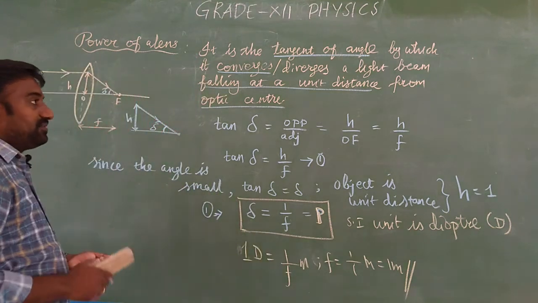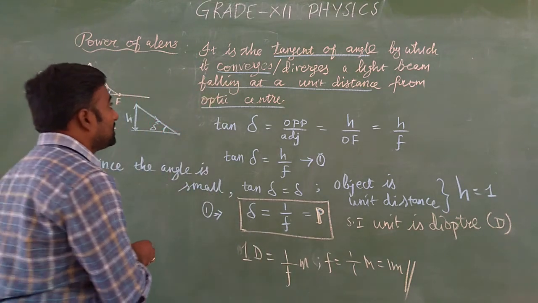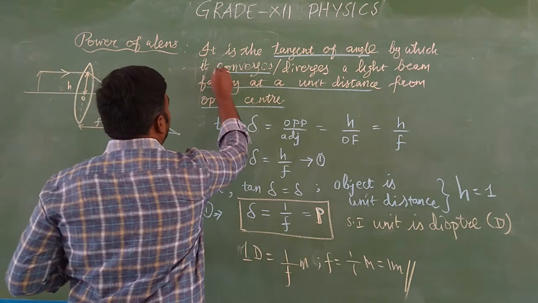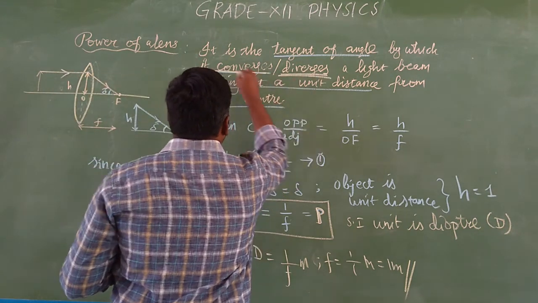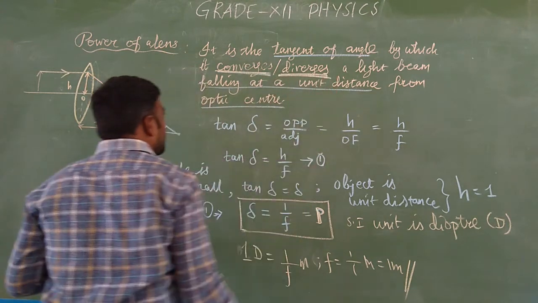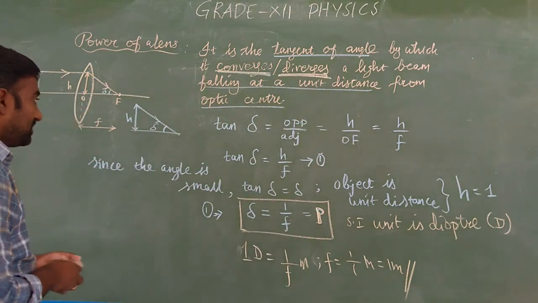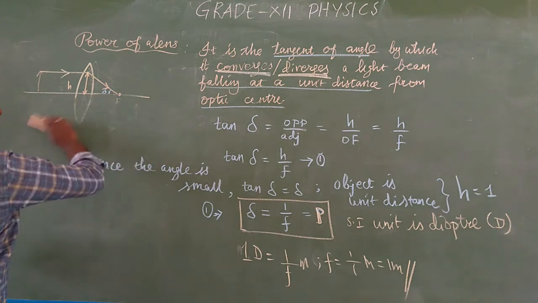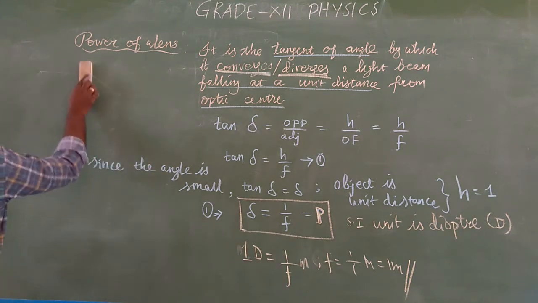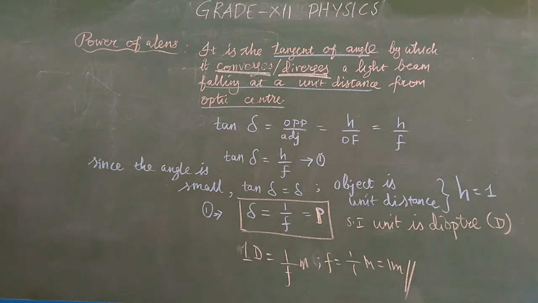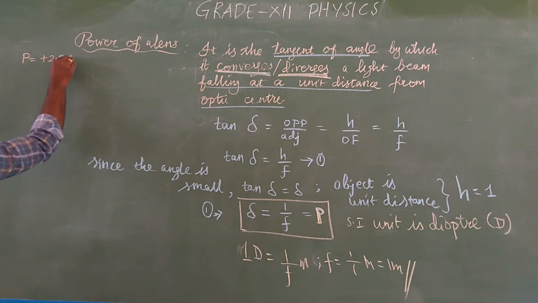Similarly, we have different powers. We have already studied that a light ray may either converge or diverge. For the converging case, what is the power, and for the diverging case, what is the power? That only we are going to study. In the case of convergence, let us assume the power is plus 2.5 diopter.